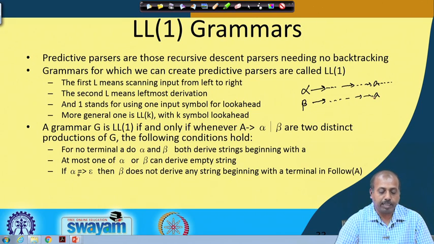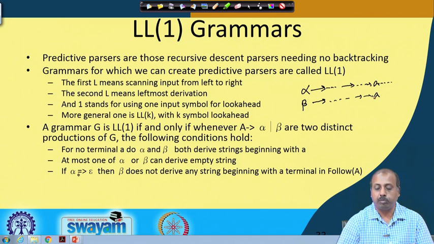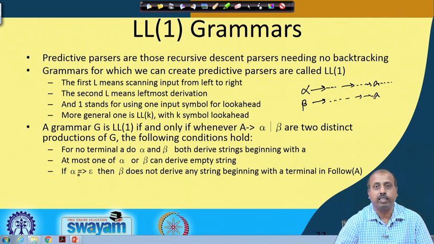The second point is that at most one of alpha or beta can derive the empty string, that is, an epsilon production. If at some point I need to consume the entire capital A in my sentential form without consuming any further input, I should try to replace it by alpha, if alpha can give me epsilon, or beta, if beta can give me epsilon, but it should not happen that both alpha and beta can give epsilon.